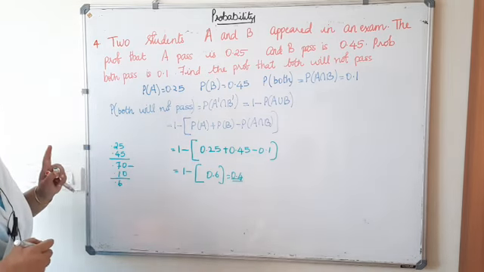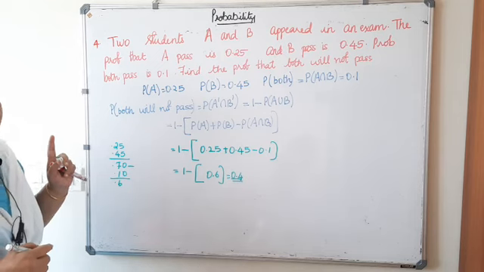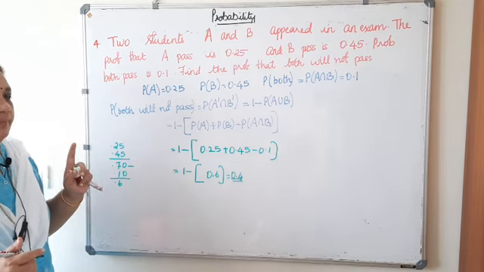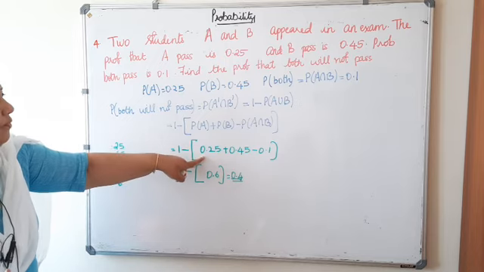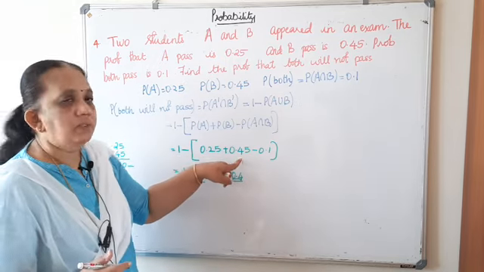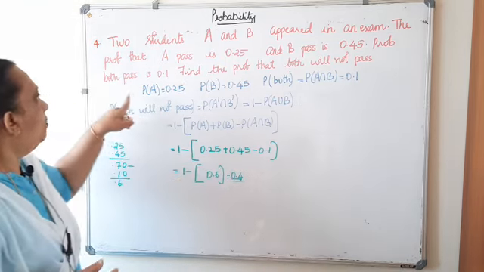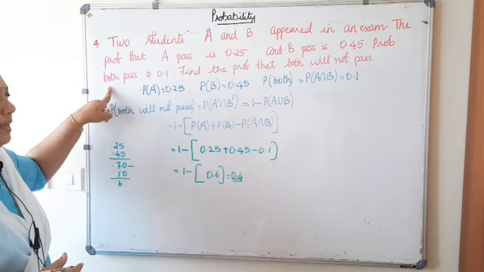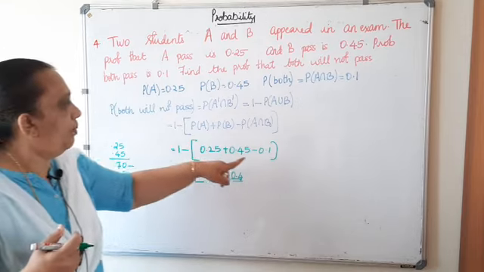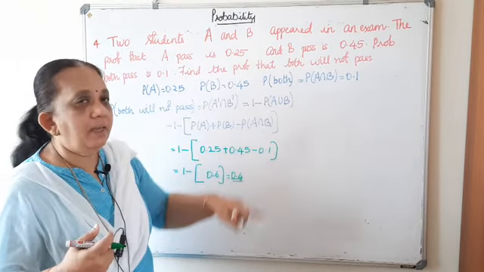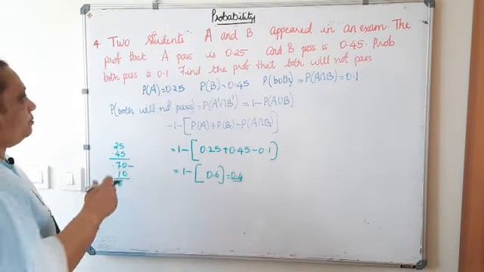Once again, I will explain the question. Two students A and B appeared in an exam. The probability that A passes is 0.25, B passes is 0.45, and probability of both A and B passing the examination is equal to 0.1. Find the probability that both will not pass.